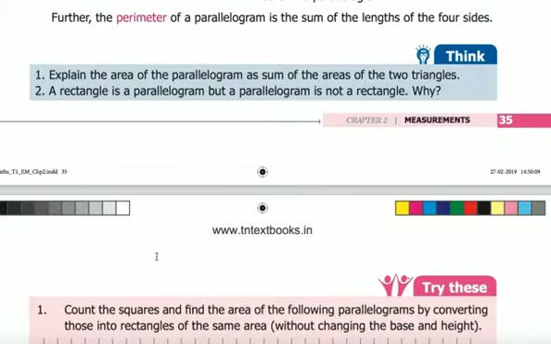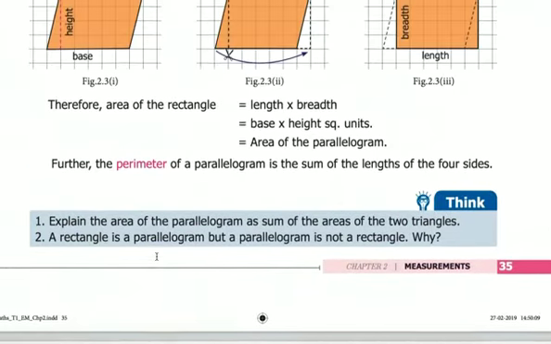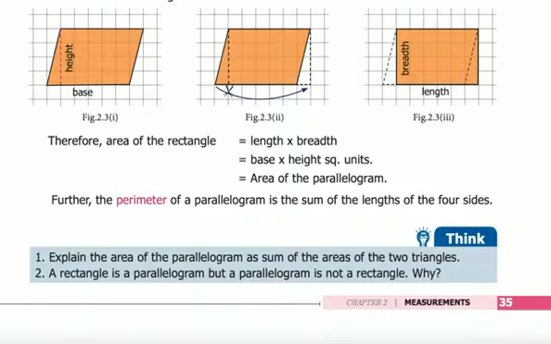Explain the area of the parallelogram as the sum of the areas of the two triangles. Now, if I read once again, will it change? No, it will remain the same. So, the area of the parallelogram is the sum of the areas of two triangles.